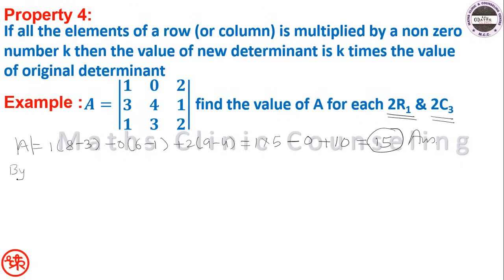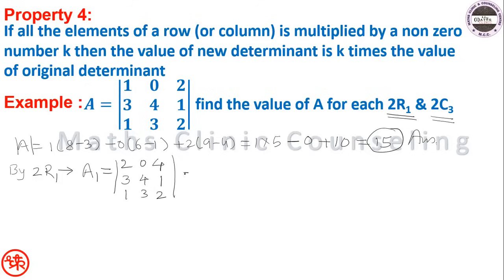By 2R1, which means in A multiply R1 by 2. So you will get the new determinant A1. So what is that? R1 multiplied by 2, that is 2 0 4, 3 4 1, 1 3 2.